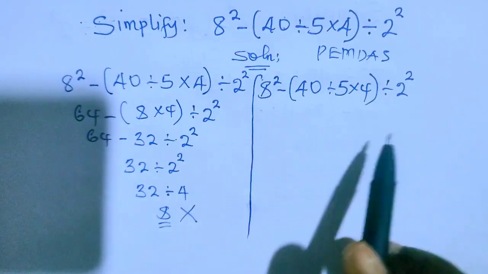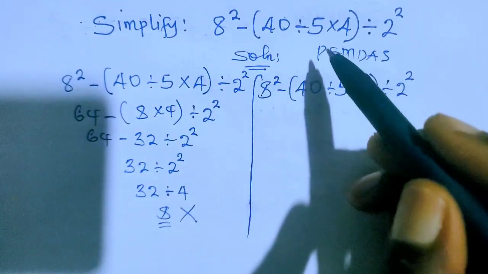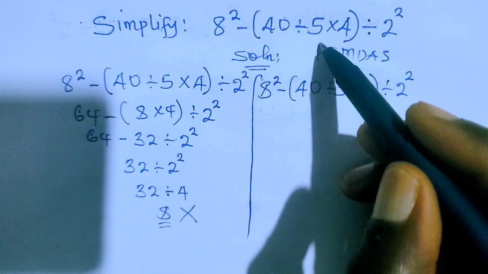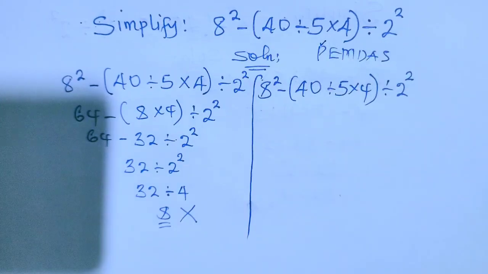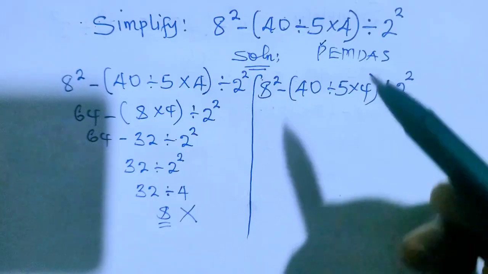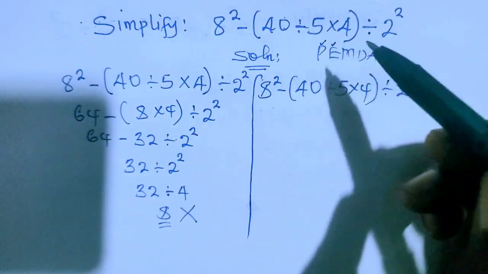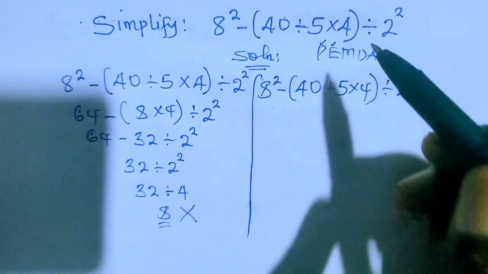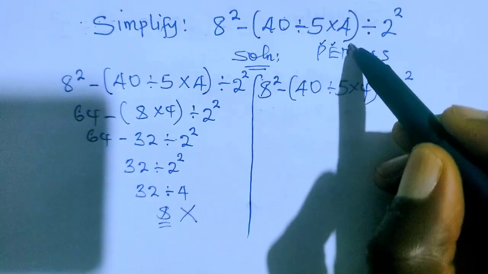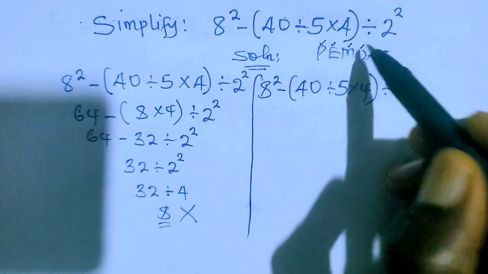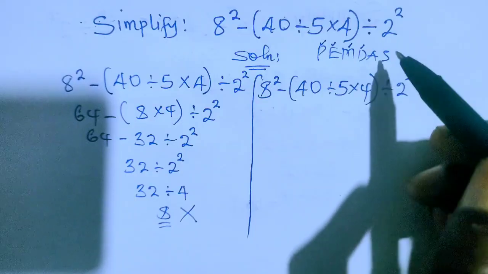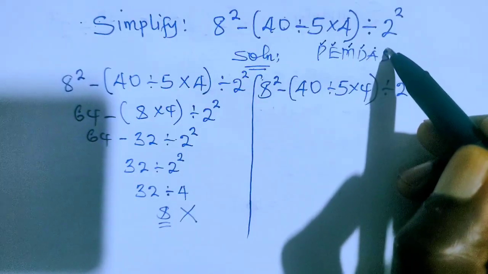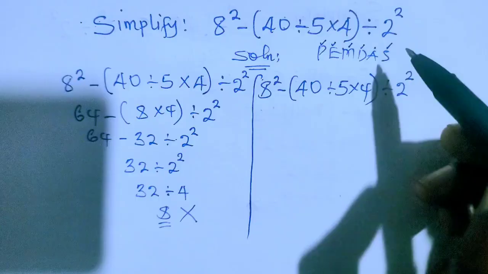Now in this given expression, we have first here parentheses, that is the bracket, and next we have exponents, and we also have multiplication and division. We don't have addition, and we have subtraction here.